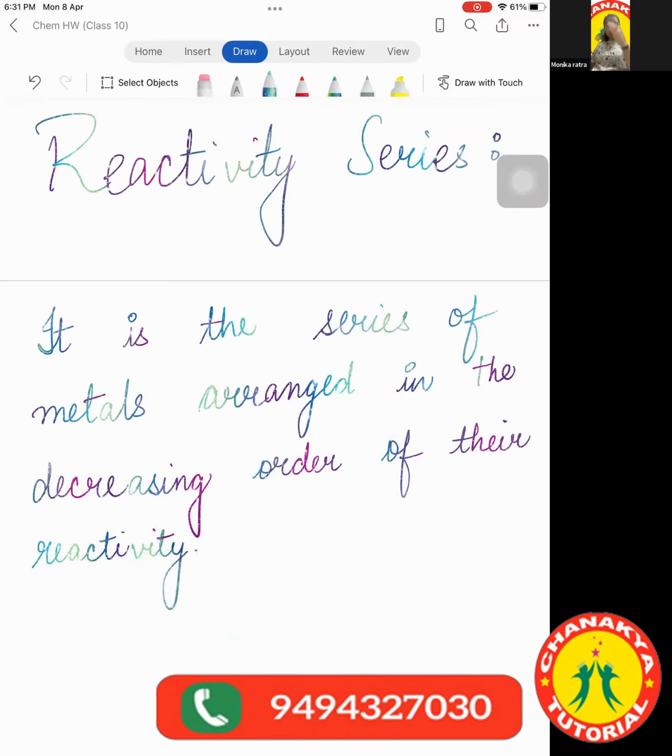Fine. So there is a series of metals in which we arrange a few metals which are mostly related to this reaction in such a manner that when we go from up to down, their reactivity decreases.